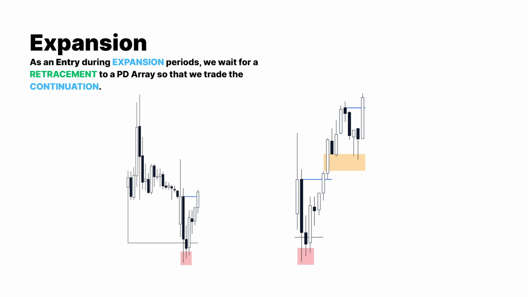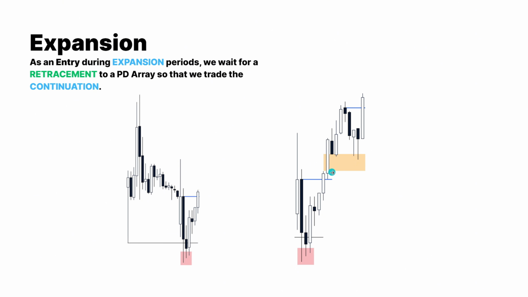Now you've seen and heard a lot of me saying expansion this, continuation that, and I totally understand if you're being confused by it. One thing that you want to keep in mind is that expansion is just a one big sided move, a trending move in other words, meaning that if we make some sort of manipulation or just a breakout, expansion is just a one-sided move to the upside or the downside.